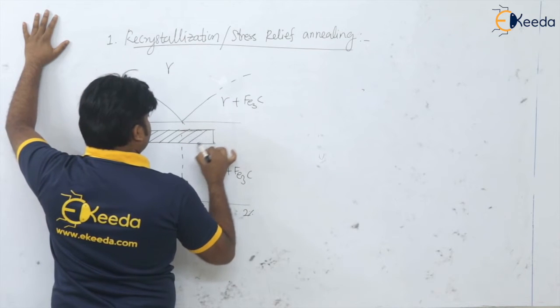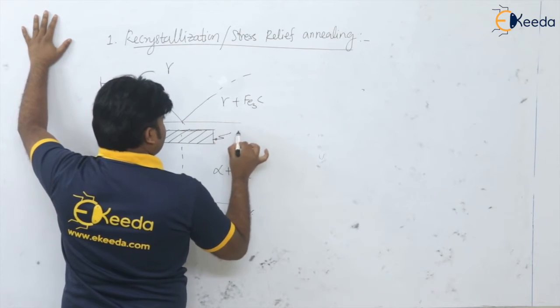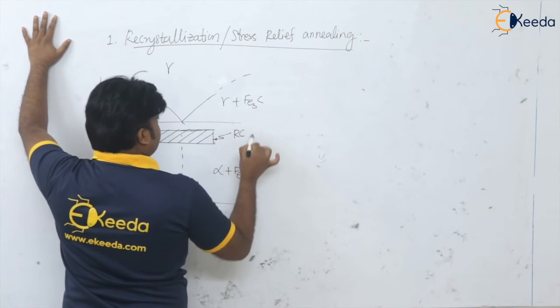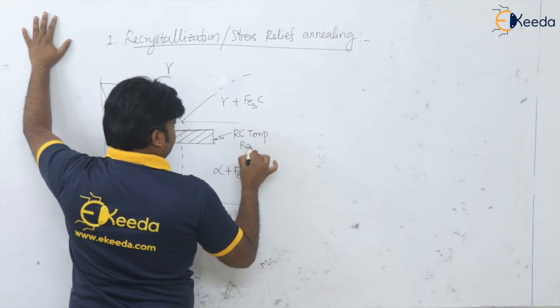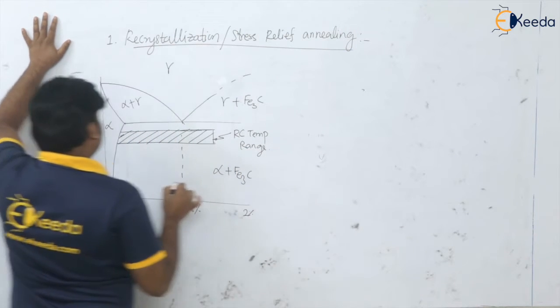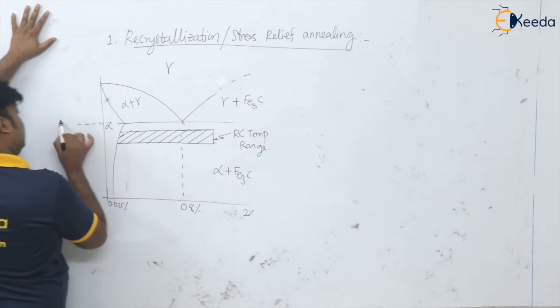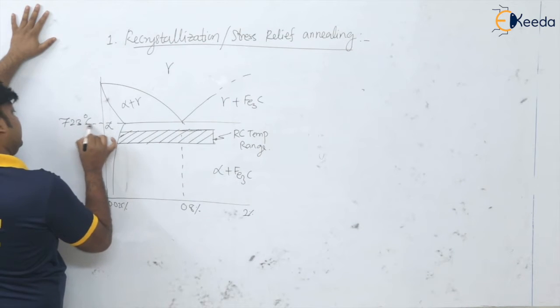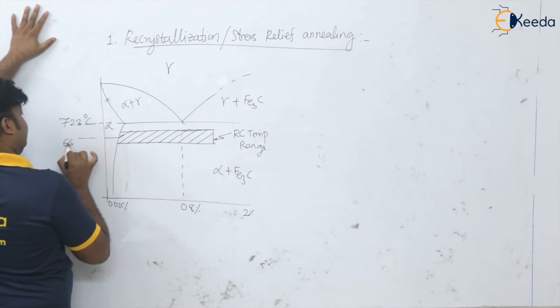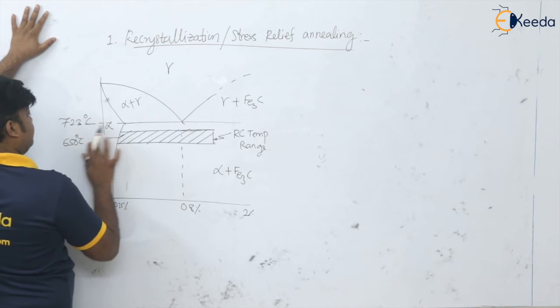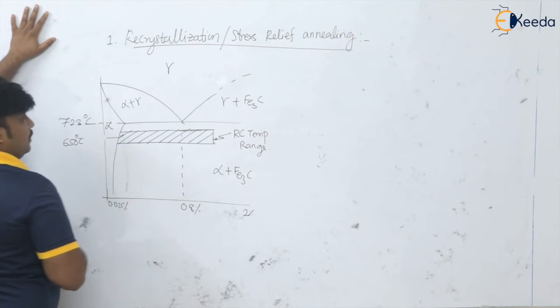This is the recrystallization temperature range. So we know this is how much? 723 degrees centigrade, and this is say 650 degrees centigrade.